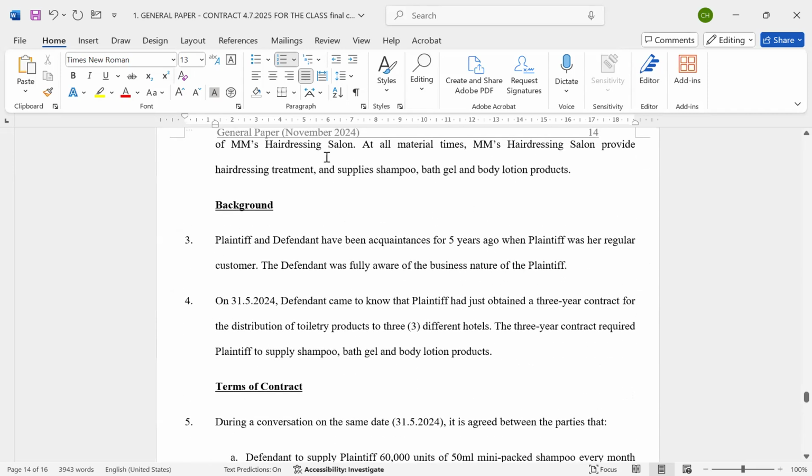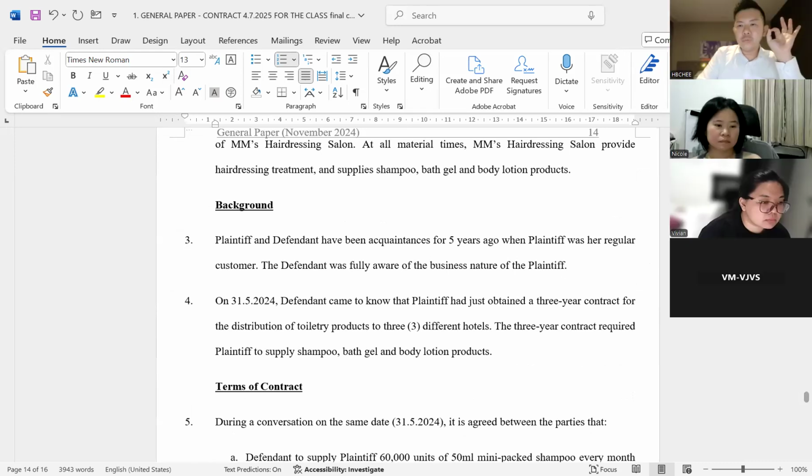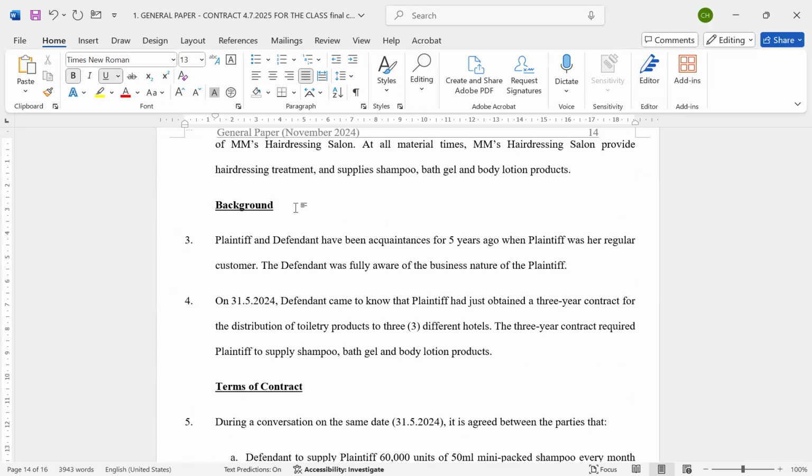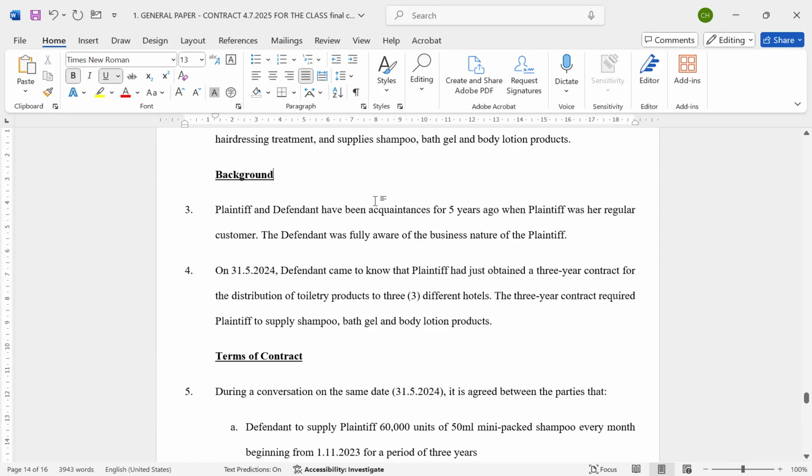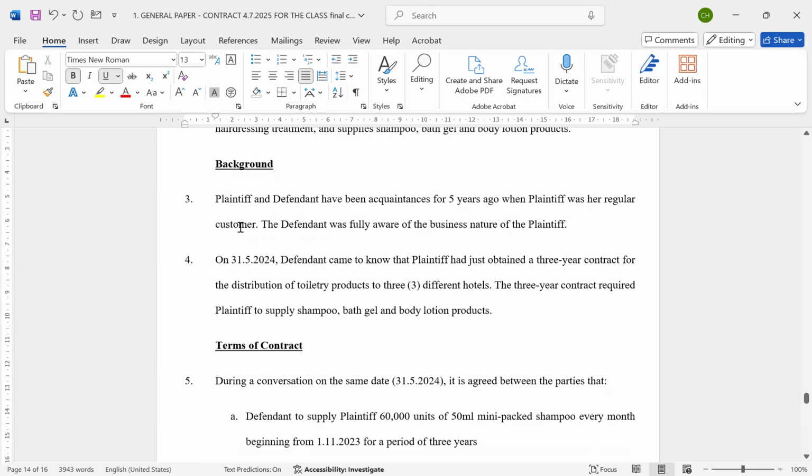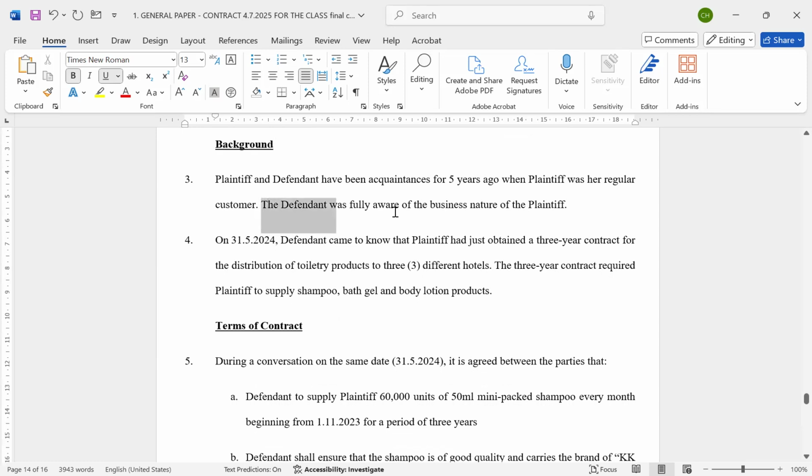As simple as that. After that, you use one subheading to explain the background. This is what we do in real life. So the plaintiff and defendant have been friends, or acquaintances, for 5 years, when the plaintiff was her regular customer. You see the wording that I cast already. The defendant was fully aware of the business nature of the plaintiff.